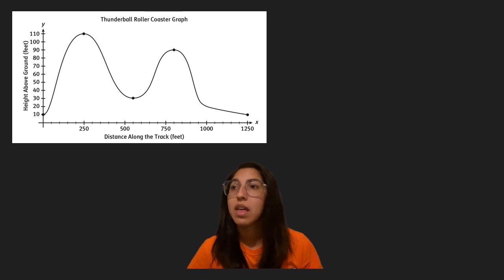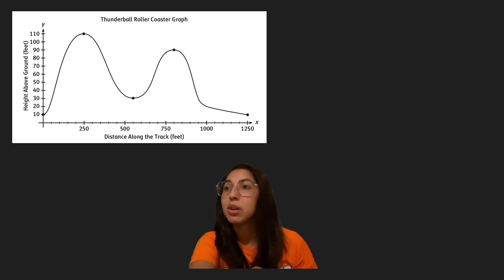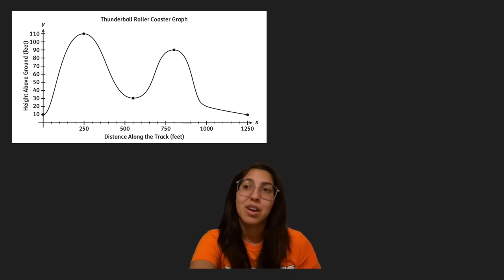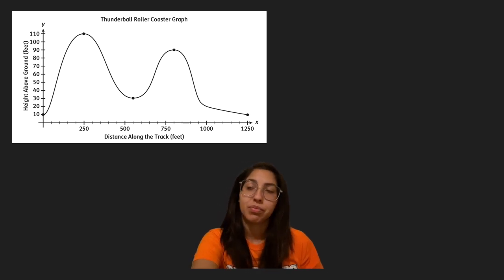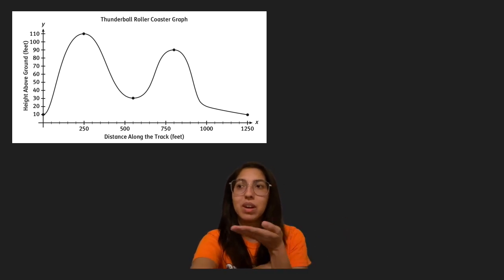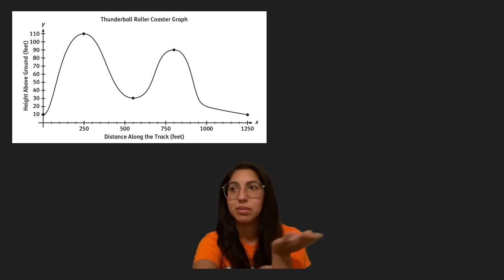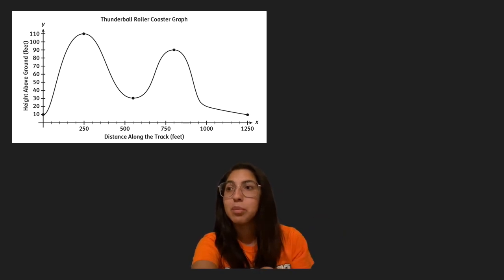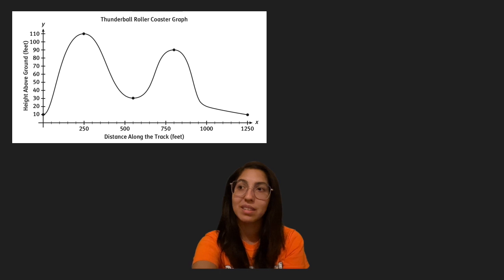So this Thunderball roller coaster graph. If we look at our independent and dependent variable, the independent variable is the x-axis, the dependent variable is the y-axis. So our independent variable would be distance along the track, so how far you're riding on the track.